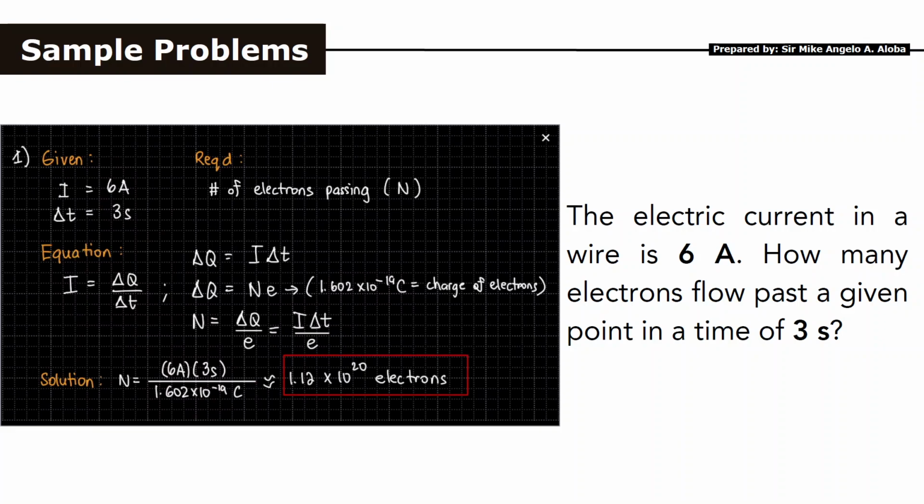Substituting it in your calculator, you will get 1.12 times 10 raised to 20 electrons. Okay? Rules on significant figures are suspended in these sample problems. So our answer would be 1.12 times 10 raised to 20 electrons.